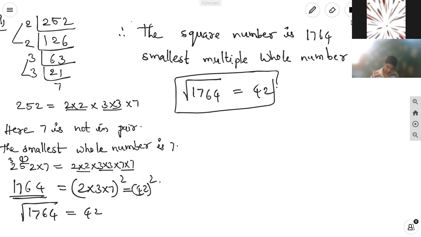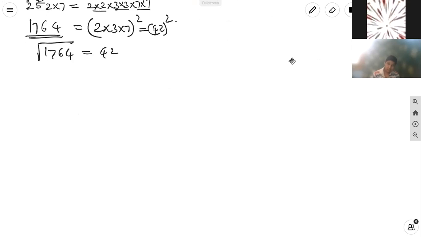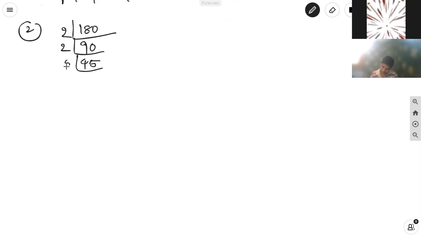Okay. In the same way, the second problem. Second one is 180. Do with the prime factorization. 2 9s are 18, 2 0s are 0, 2 4s are 8, 1 is the remainder, 2 5s are 10, 5 9s are 45, 3 3s are 9.